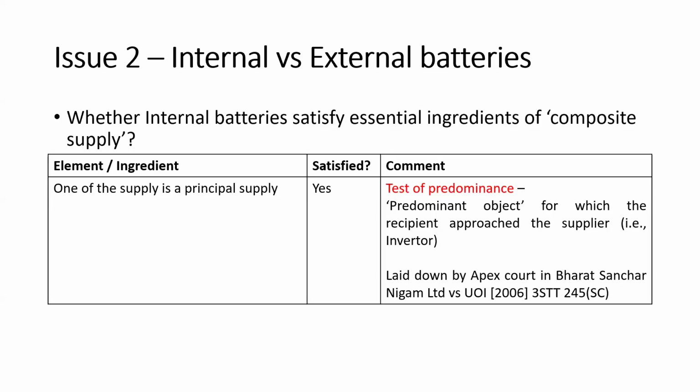Test of predominance, dominant object, then dominant intention, all this in each case that we see under the earlier tax regime, courts have been regularly vacillating. Once it is this, then they move there, then they come back here. So we cannot quote this test of predominance as an authoritative and binding final viewpoint on this.